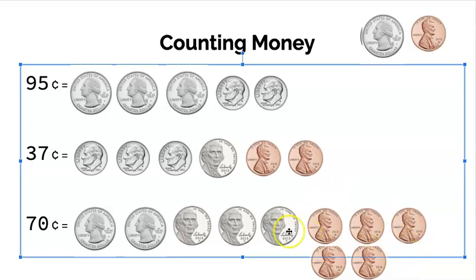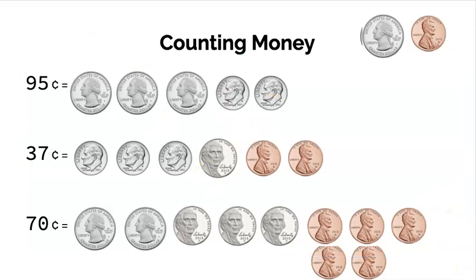So I had 5 pennies, or I could use another nickel, because 5 pennies is 5 cents and a nickel is worth 5 cents. So either way. But again, there's different ways you can do it based on what coins you have. So just keep practicing. It's tricky. You'll get there.